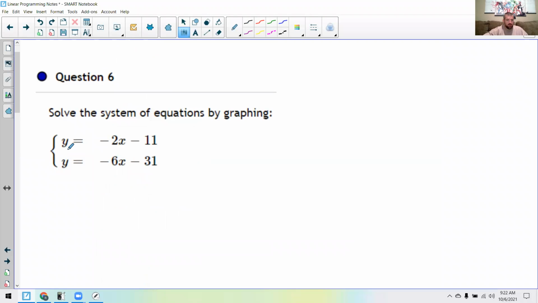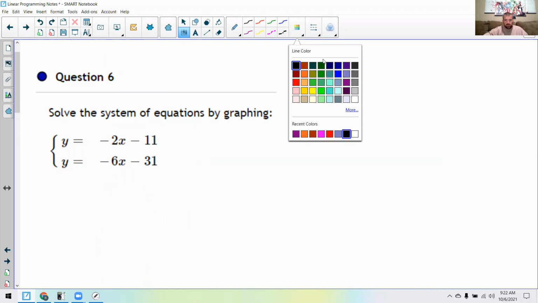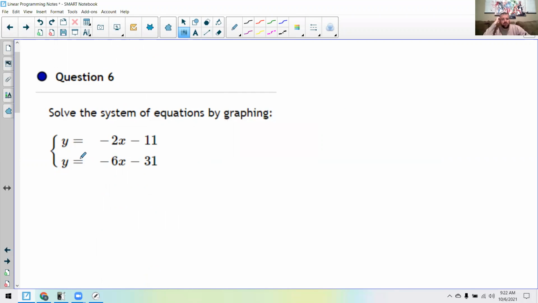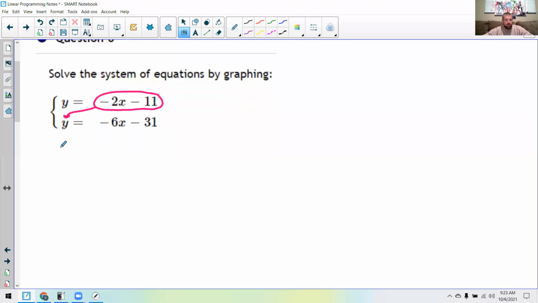Since y is isolated, I'm going to use the substitution method. So I'm going to take what y equals, negative 2x plus 11, and substitute it into the second equation for y. So this becomes negative 2x minus 11 equals negative 6x minus 31.